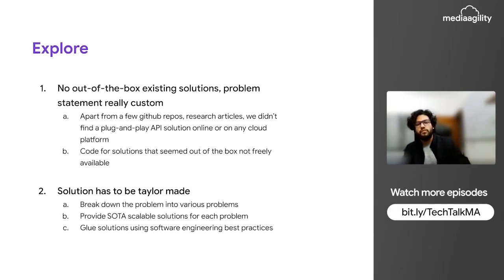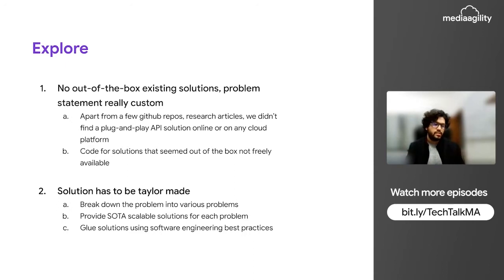How we took it from inception to implementation. Obviously, we did explore the problem, right? And we found that there aren't any out-of-the-box existing solutions, and there weren't any plug-and-play API solutions. Even if there were, the code for them was not freely available. So the solution has to be tailor-made.